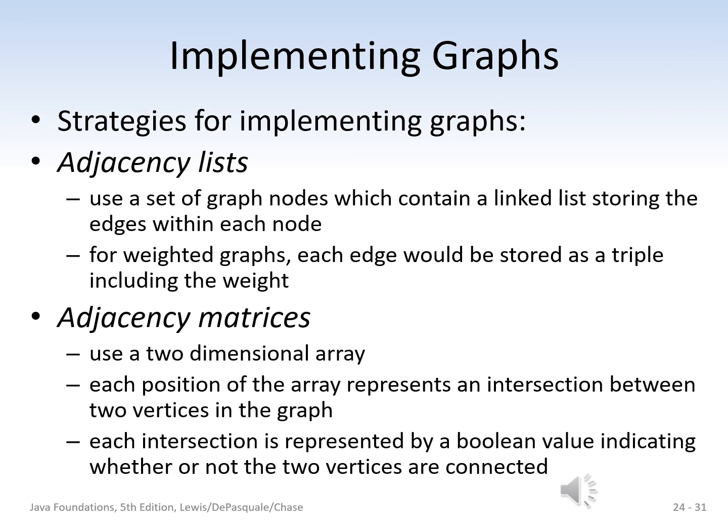And then for weighted graphs, each edge would be stored as a triple, including the weight. For adjacency matrices, we use a two-dimensional array. Each position of the array represents an intersection between two vertices in the graph. And each intersection is represented by a Boolean value indicating whether or not the two vertices are connected. Let's take a closer look.